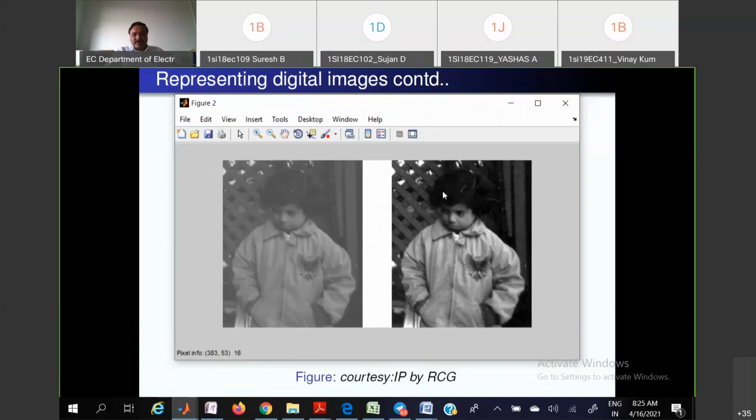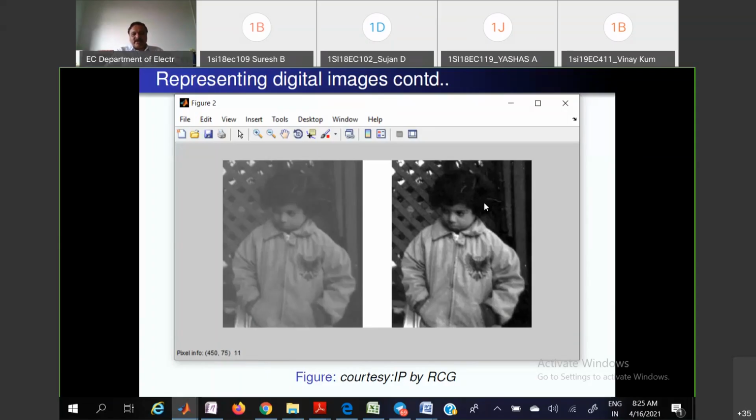So what you notice here is the minimum is about 80 and the maximum is about 200. So the range is from 80 to 200. Very narrow dynamic range. Whereas here the minimum is about 15 and the maximum is about 255. That means you have almost all the values from 0 to 255. It is even 10 here.